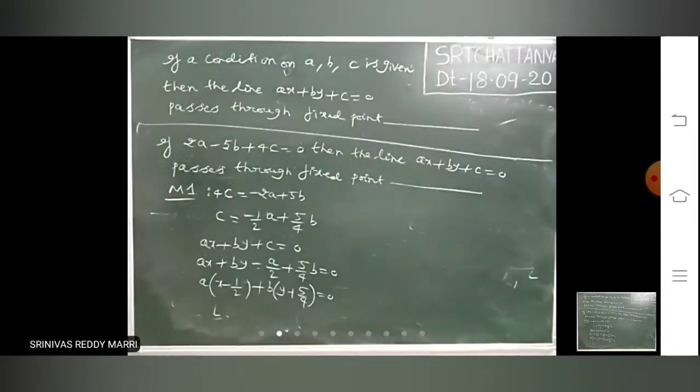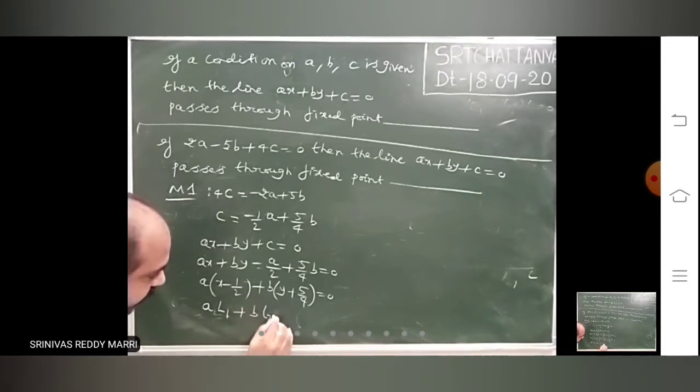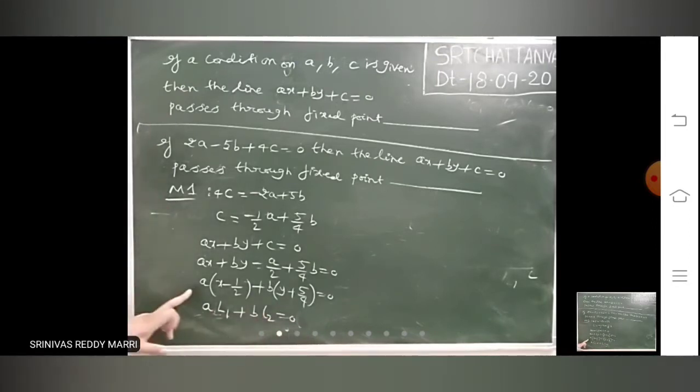Now this line is of the form A into L1 plus B into L2 equal to 0.